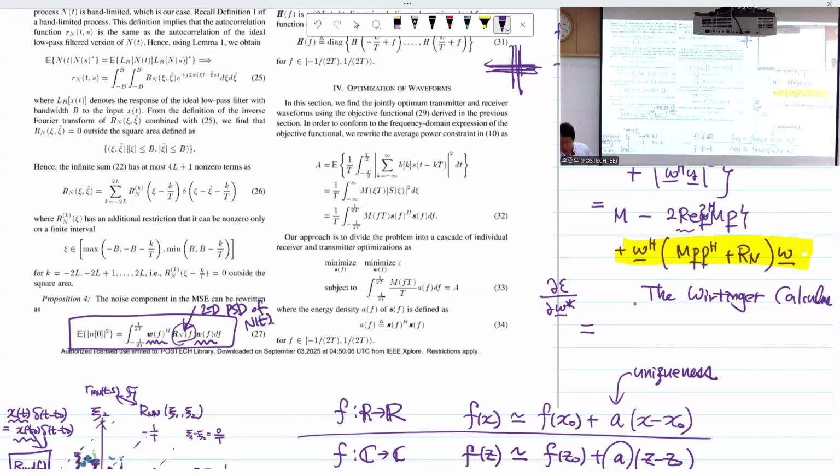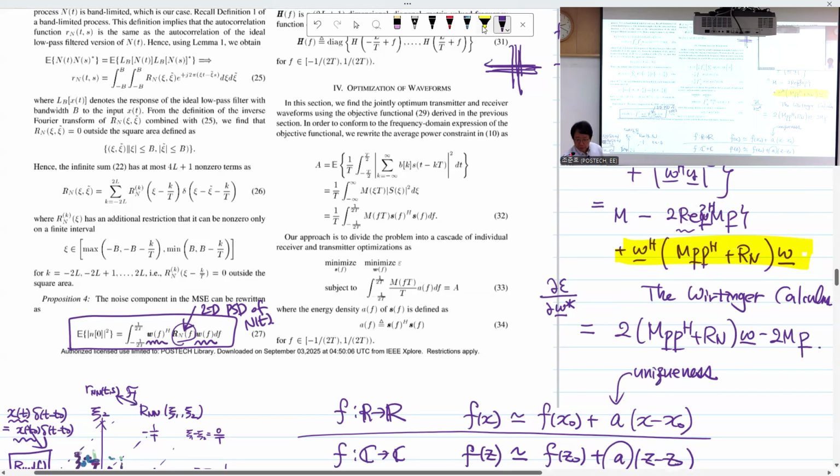And that is what? 2 times M P P Hermitian R_n W minus 2 times M P. Got it? So this M is constant, so it's gone, right? And this part, the real part operation is gone.